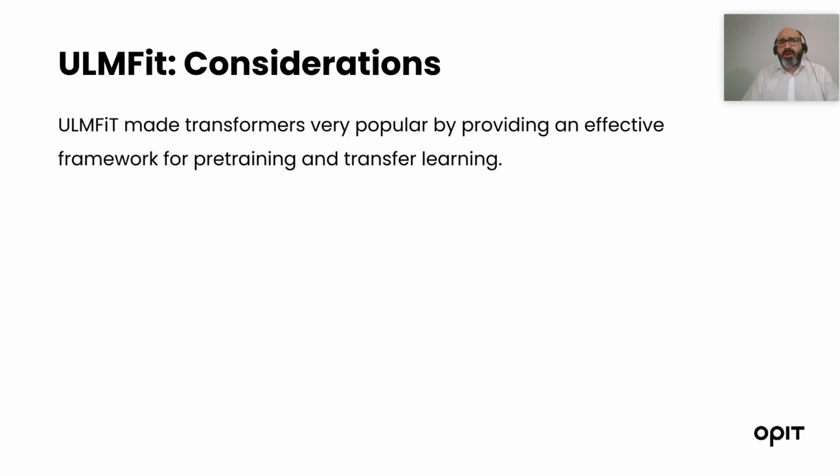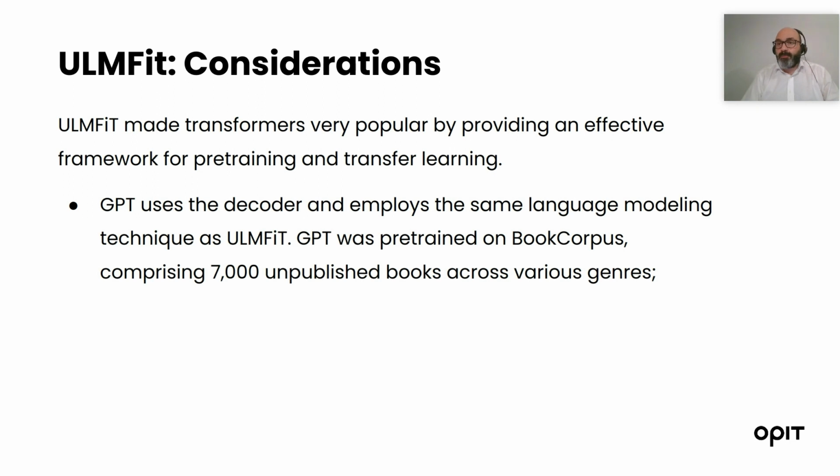Some considerations about ULMFiT. ULMFiT made transformers very popular by providing an effective framework for pre-training and transfer learning. And why is this? This is mostly because a huge amount of data was used to pre-train models on a very large scale, and we could use these models in a really simple way. For example, GPT uses the decoder, as we have seen previously, and employs the same language modeling that ULMFiT employs.